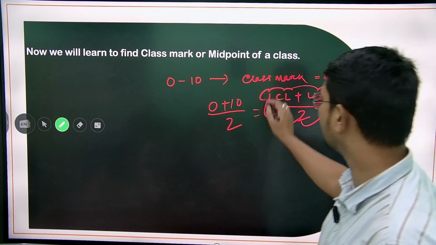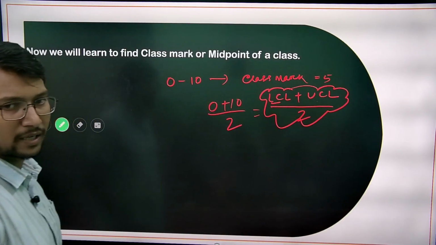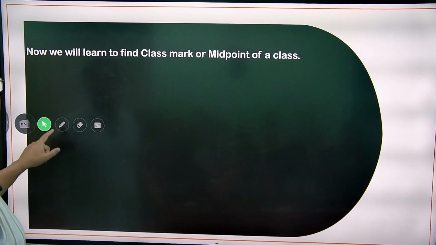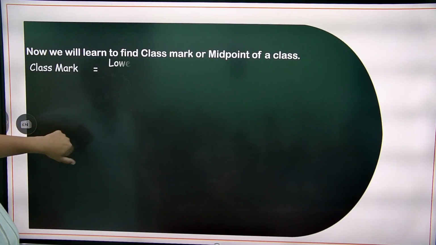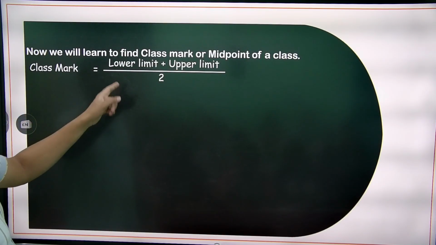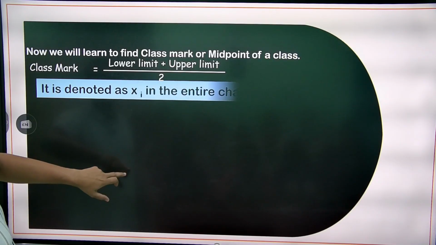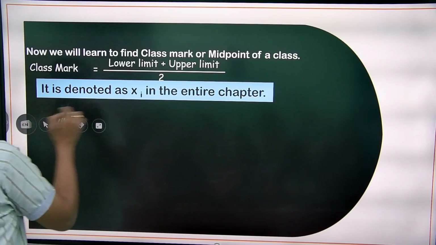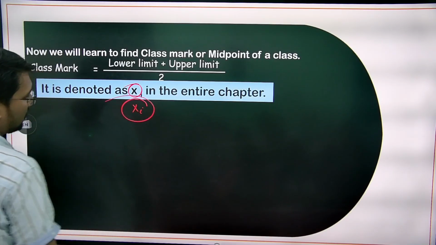So how will we get the class mark? That is lower class limit plus upper class limit by 2. Clear now? Okay. It is denoted by the letter x, actually xi.